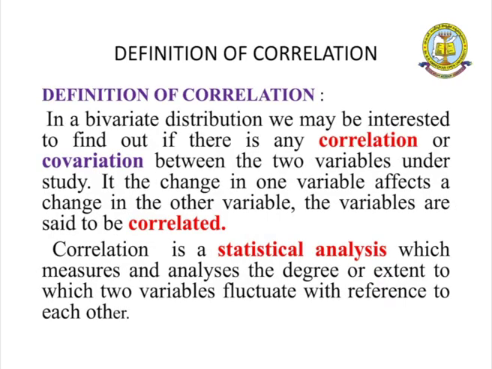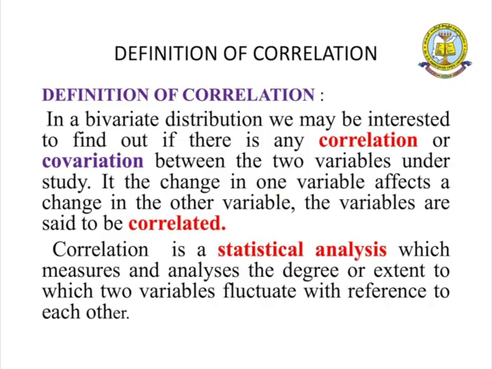Definition of correlation. In a bivariate distribution, we may be interested to find out if there is any correlation or covariation between the two variables under study. If a change in one variable affects a change in the other variable, the variables are said to be correlated.